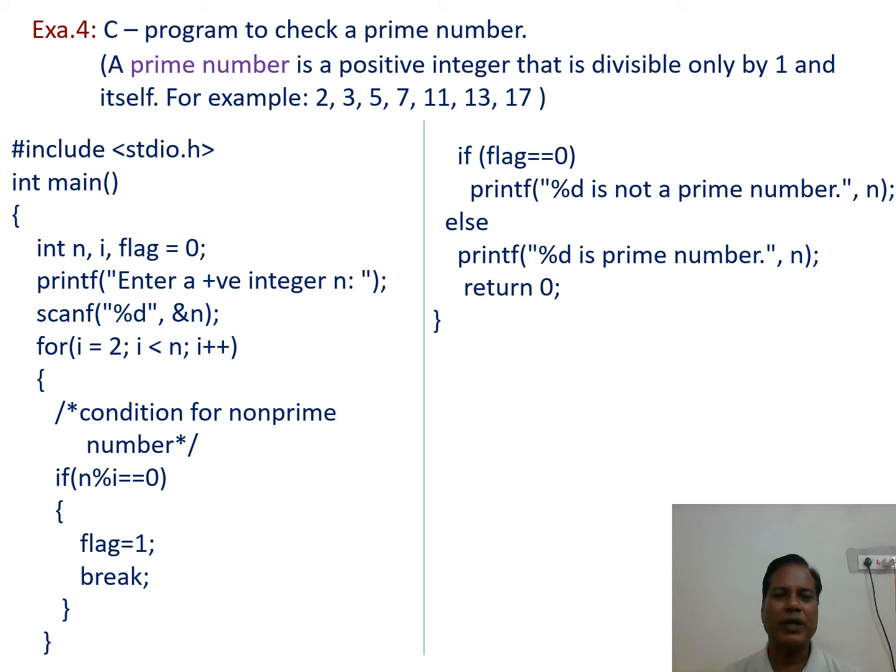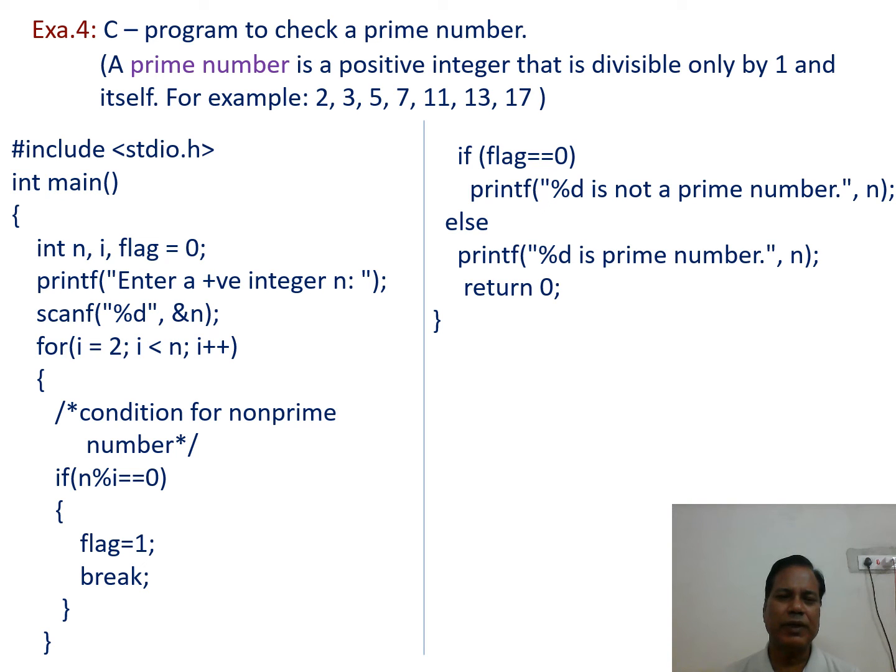If we get the remainder as 0, it means that the entered number is divisible by a number which is less than n. So if it is divisible by any number less than the entered number, it means that it is not a prime number. But if it is not divisible, then the flag value is not going to be set as 1.